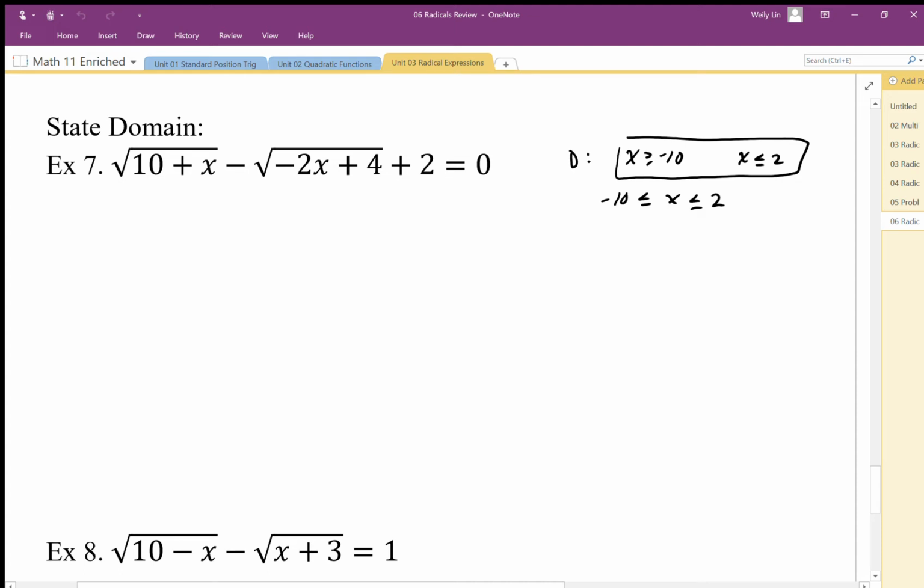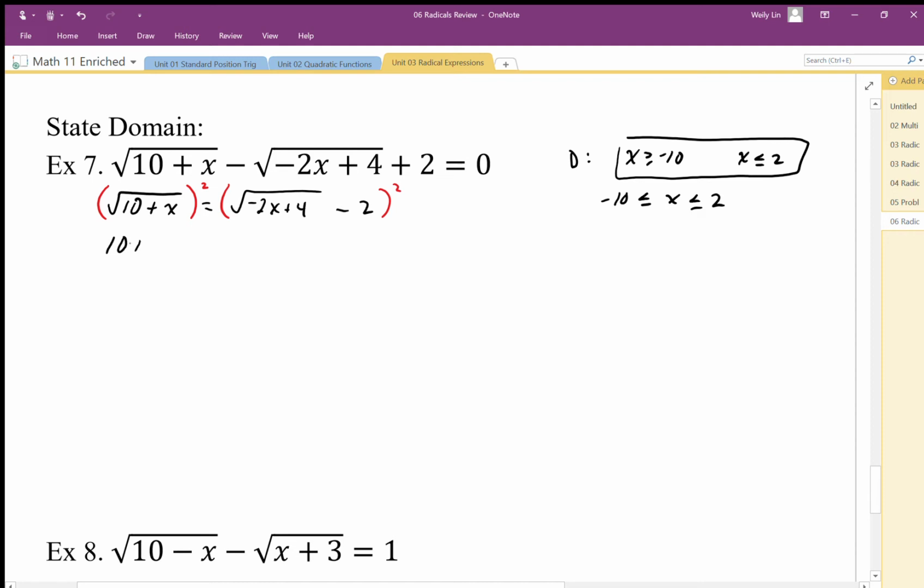So we're going to go ahead and solve this then. We need to isolate one of the square roots. I'm going to move this square root to the other side. I'm going to get rid of this square root first. And again, whenever you square these binomial terms, you have to make sure you distribute out correctly.